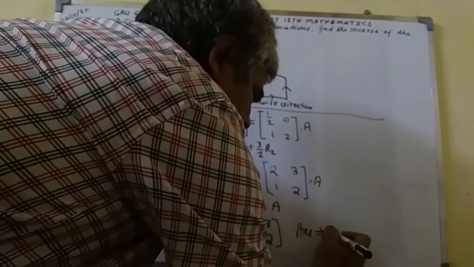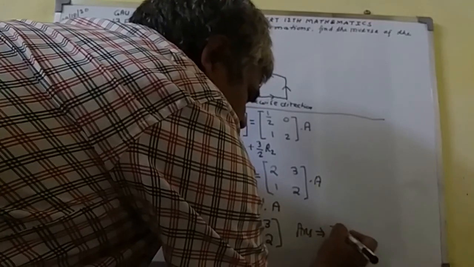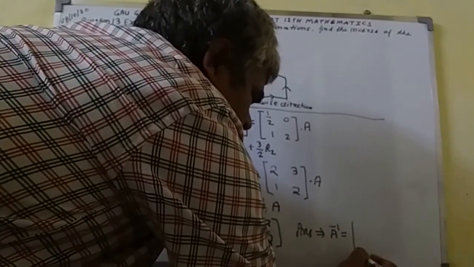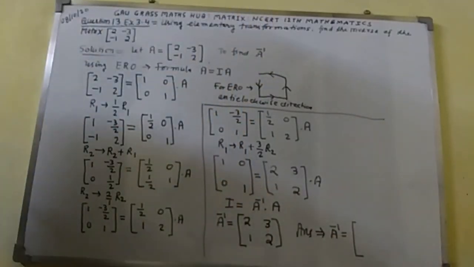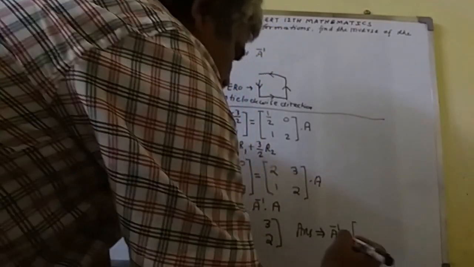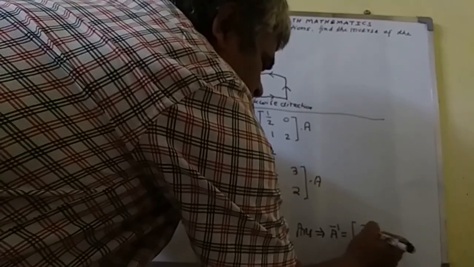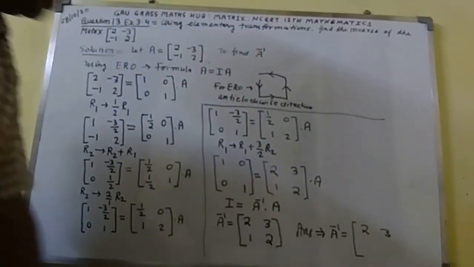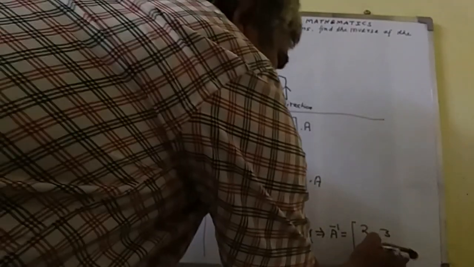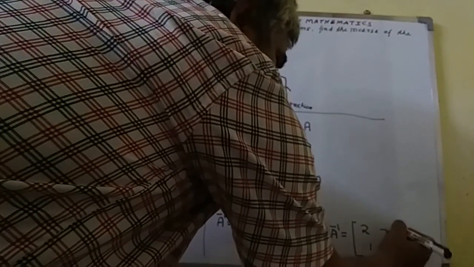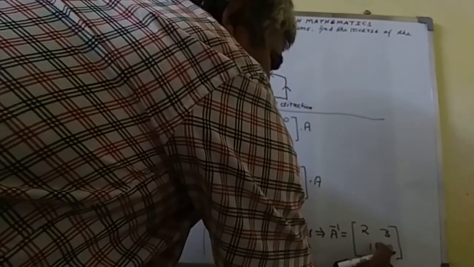Answer implies that A inverse equals opening of square bracket, the elements of first row 2, 3, the elements of second row 1, 2. Closing of square bracket will be done here.